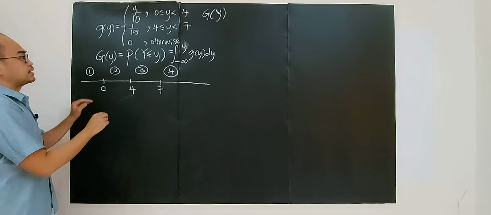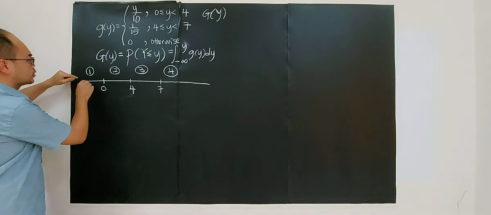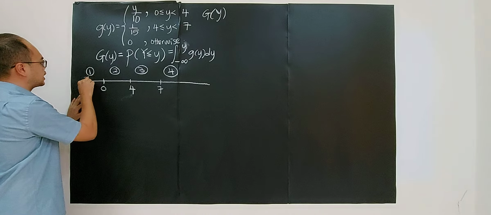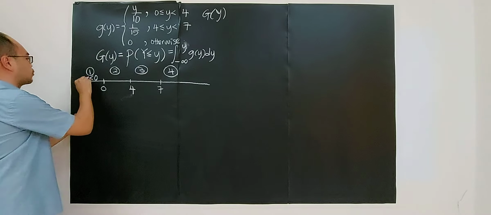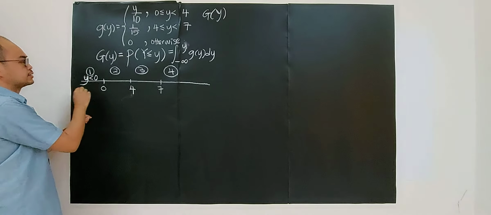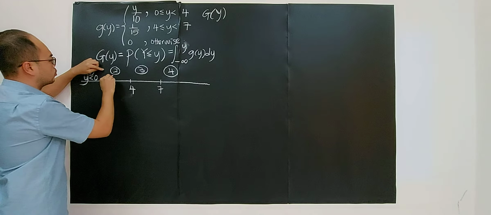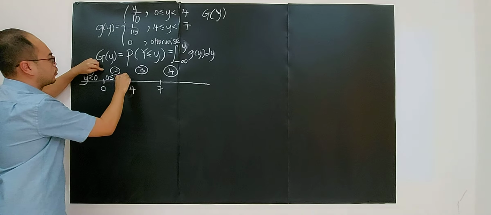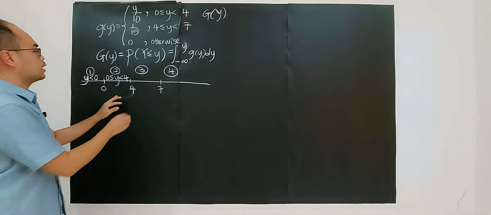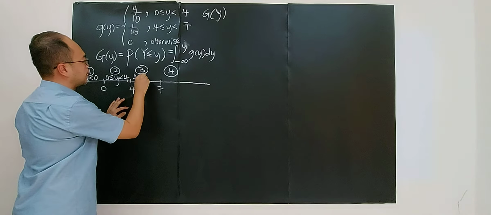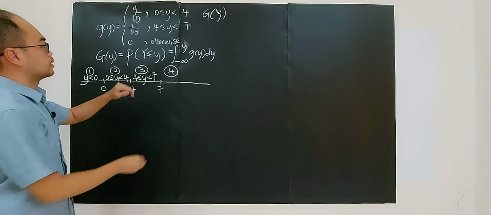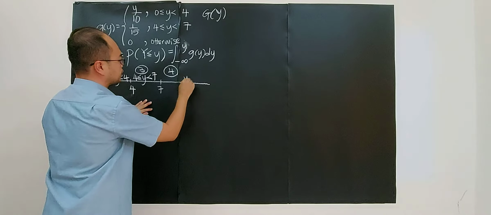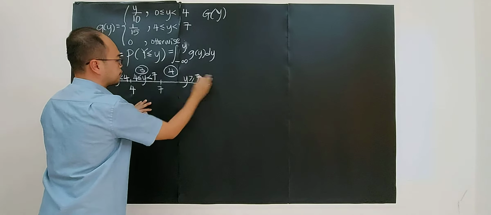You need to identify these intervals. The first interval is y less than 0. The next is from 0 but before 4, then from 4 but before 7, and the last is 7 and beyond to the right.